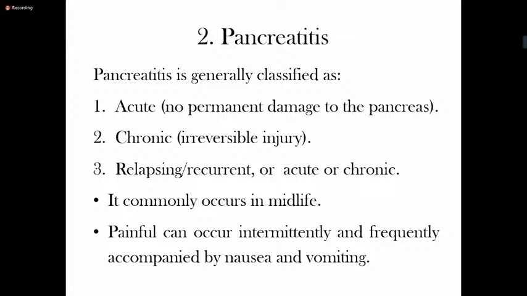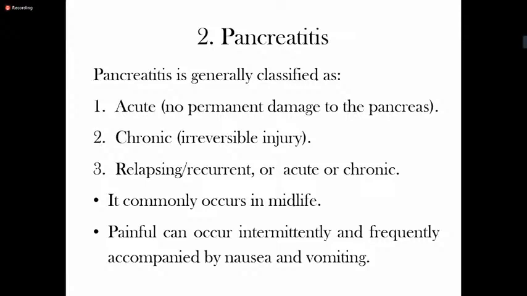Pancreatitis can be classified as acute, where there is no permanent damage to the pancreas, or chronic, where usually we have irreversible damage to the pancreas. We can also have relapsing or recurrent, which is acute and chronic pancreatitis.